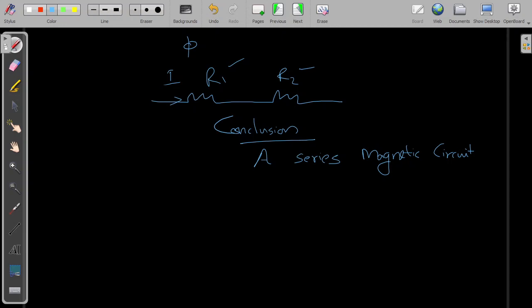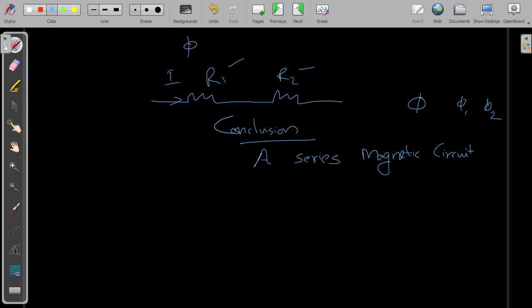So the first step is to identify whether the magnetic circuit is a series or a parallel magnetic circuit. That means whether the flux phi is dividing into phi 1 and phi 2, or flux phi is constant throughout the path.